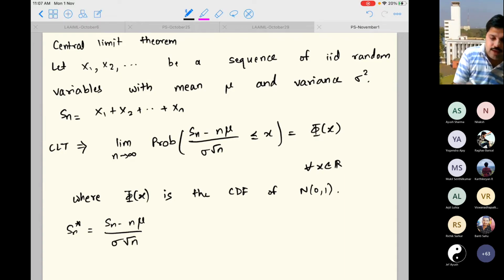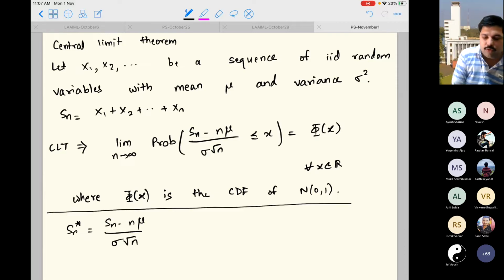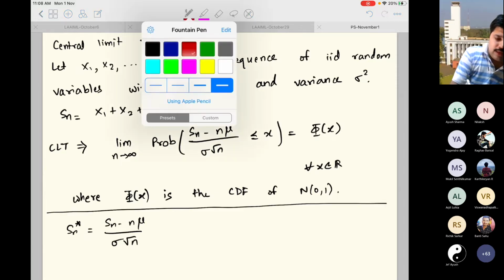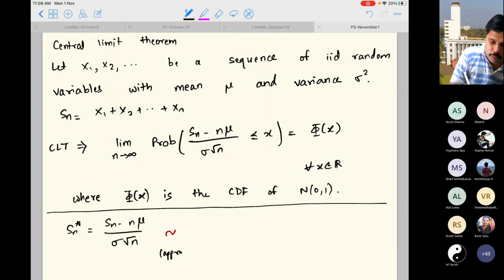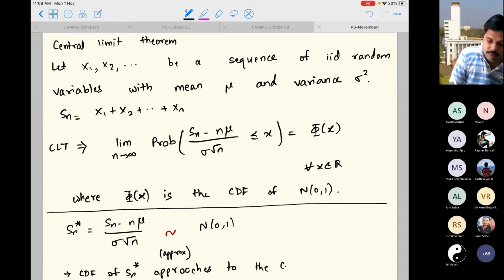So what we are really saying is the following. Sn star is approximately going to follow normal 0, 1. And what is the meaning of this approximately going to follow? The meaning of this is that the CDF of Sn star approaches the CDF of normal 0, 1 as n tends to infinity, for every x in R. That is the meaning.